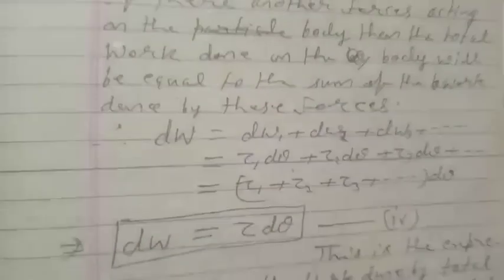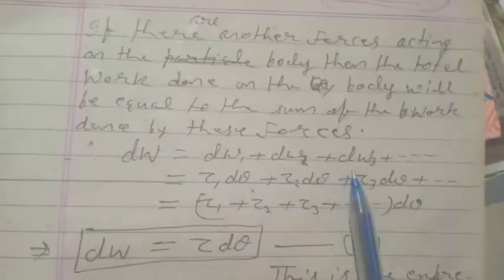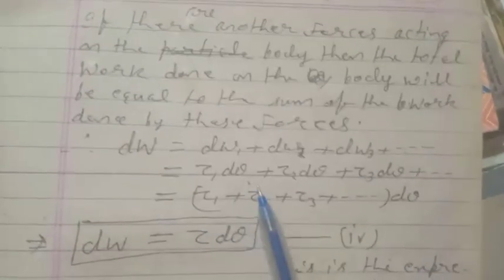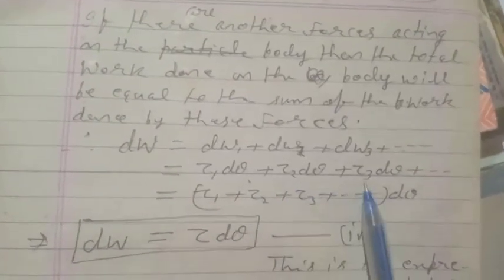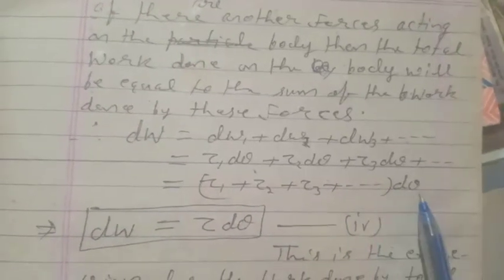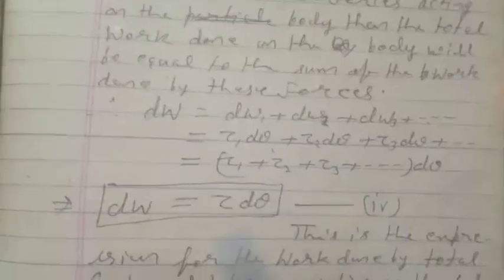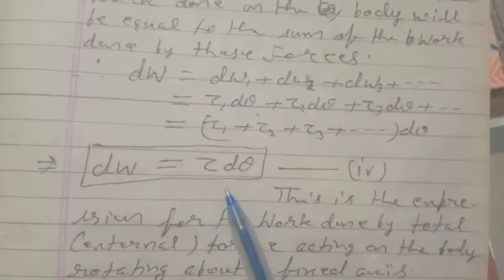Hence dW equals dW1 plus dW2 plus dW3 and so on, which equals tau1 d theta plus tau2 d theta plus tau3 d theta and so on, which equals (tau1 plus tau2 plus tau3 and so on) times d theta, because d theta is the same for all torques. This implies dW equals tau times d theta, equation 4.